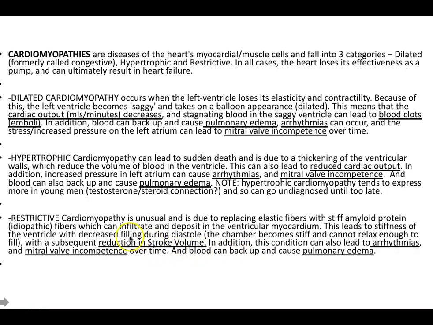And that is going to cause a diastolic heart failure because the ventricles are not going to be able to relax enough to fill properly. So again, if you can't fill because of the stiffness and the lack of ability to do diastole completely, you will have a reduction in stroke volume. You will also have pulmonary edema because of the backup, and arrhythmias and mitral valve incompetence. So those are the cardiomyopathies.